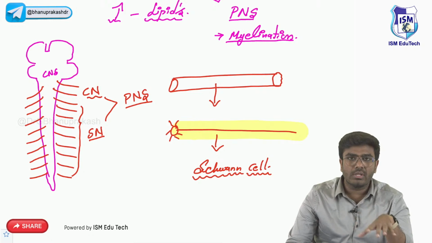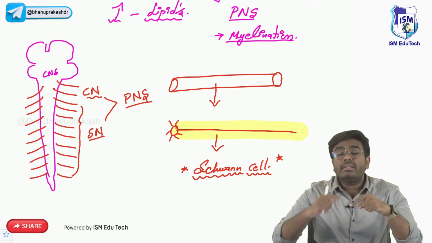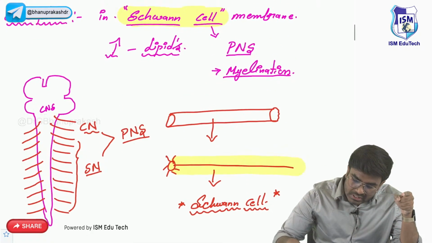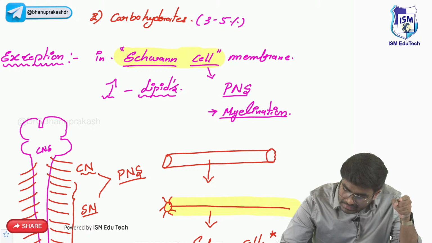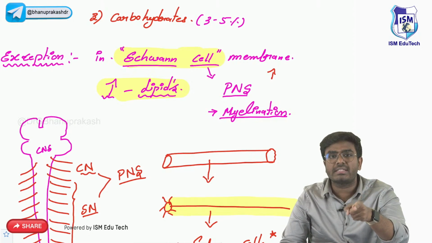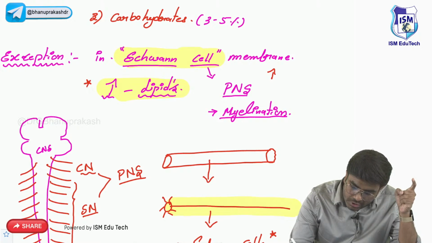Now why we are discussing all this is because, see, this is a Schwann cell, it's a cell, right? It also has a membrane. Now this Schwann cell membrane has the highest concentration of lipids. Normally in a cell membrane you should have the highest concentration of proteins, but here the exception is the Schwann cell membrane, which has the highest concentration of lipid.